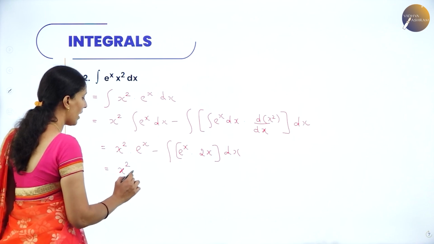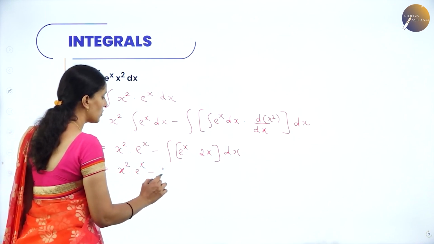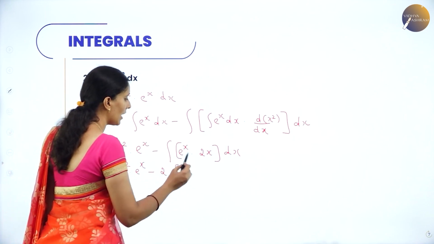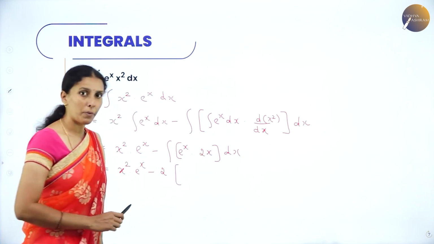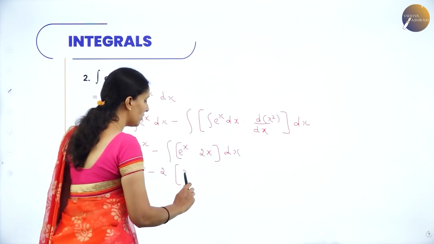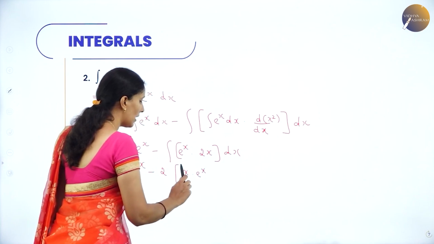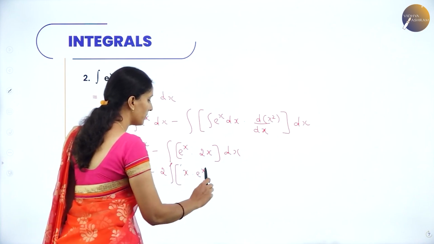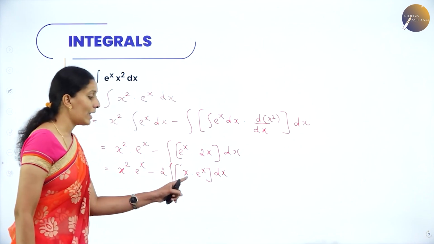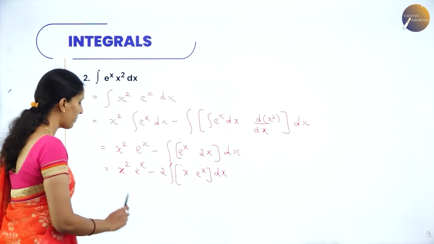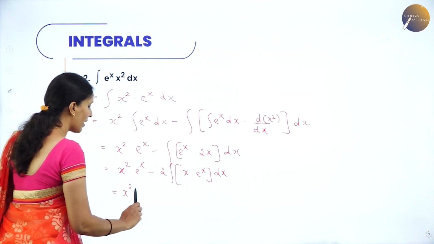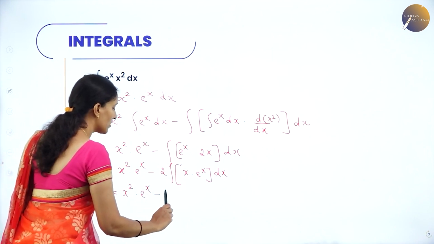We have x square e power x minus 2 times, here again we have e power x into x, a product form. So let us write x into e power x. Let us apply integration with respect to dx. Again we have to apply integration by parts. So x square into e power x minus 2 times.